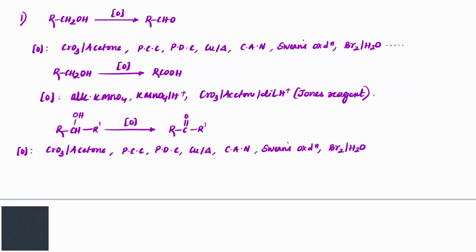Along with that, the Jones reagent will also help, and KMnO4 H plus will also help. All of this will convert secondary alcohols into ketones.